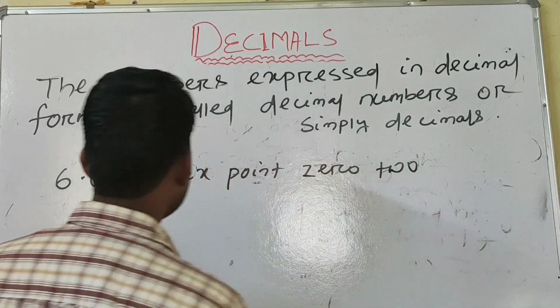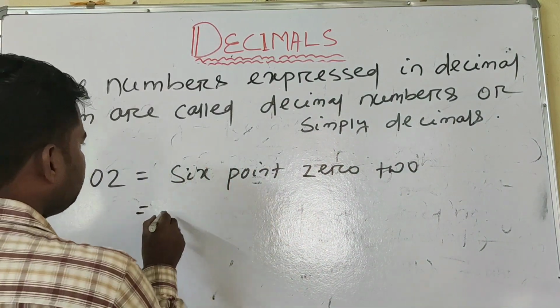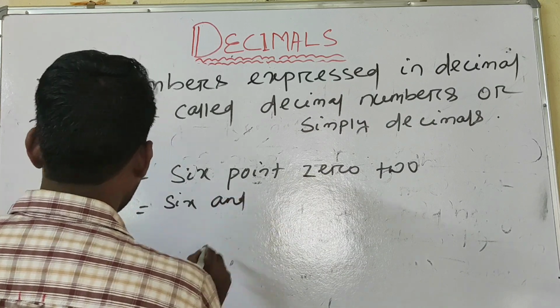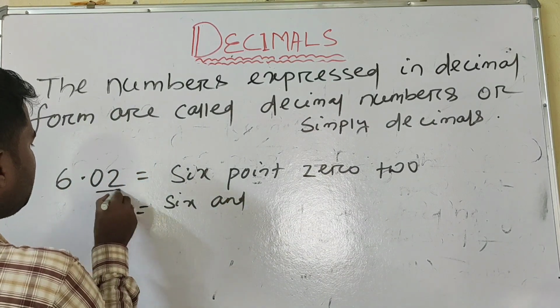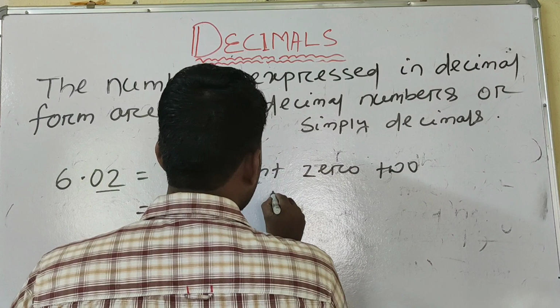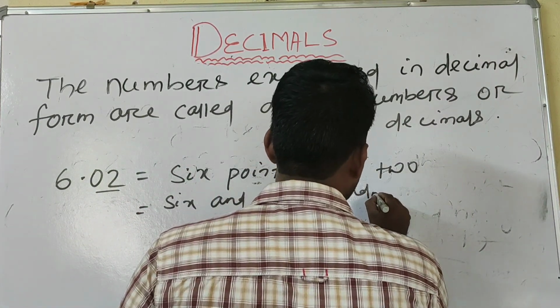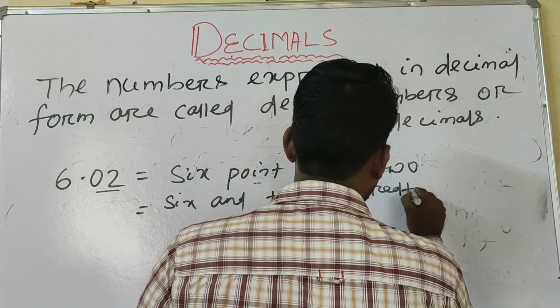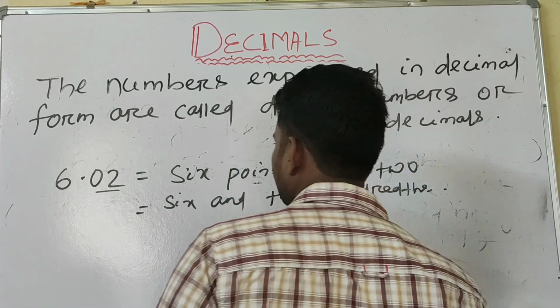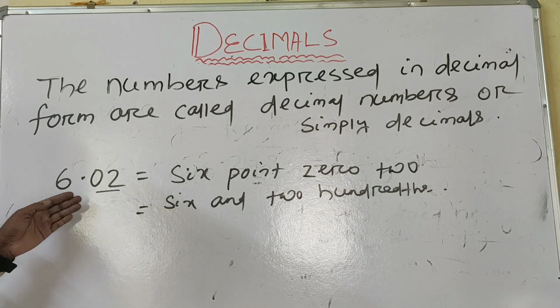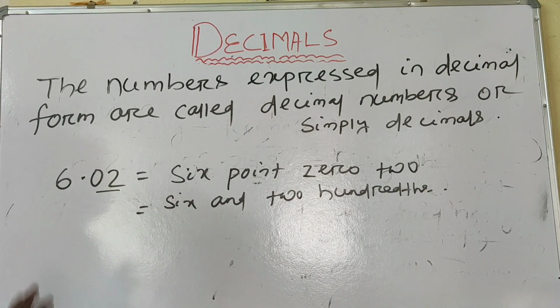Another way: 6 and 2 hundredths, since the last digit is in the 100th place. In this way we can write any decimal number in words.